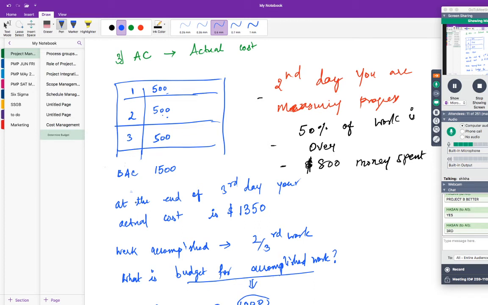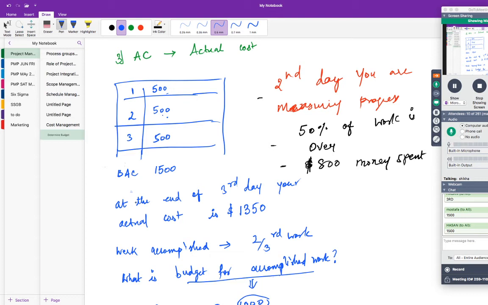At the end of the third day, so that is the status date. So what is the planned value for the first problem? 1,500, because you would take the cumulative planned value as on the status date.